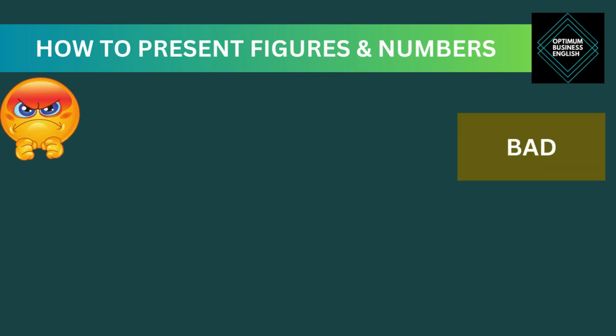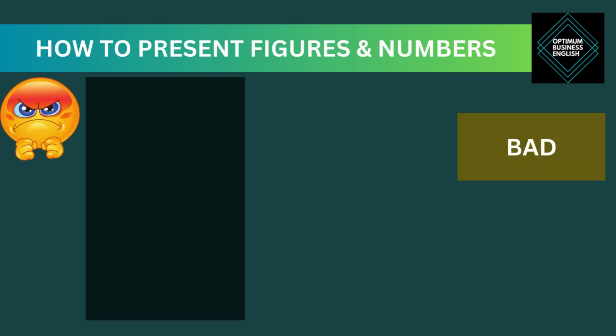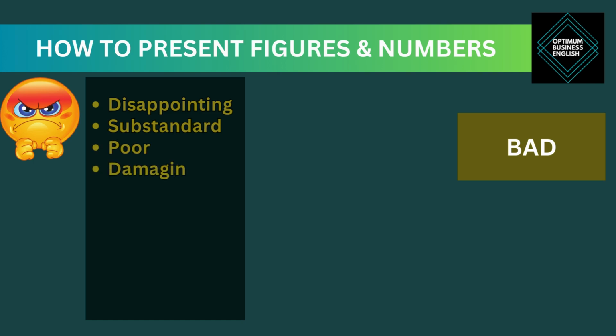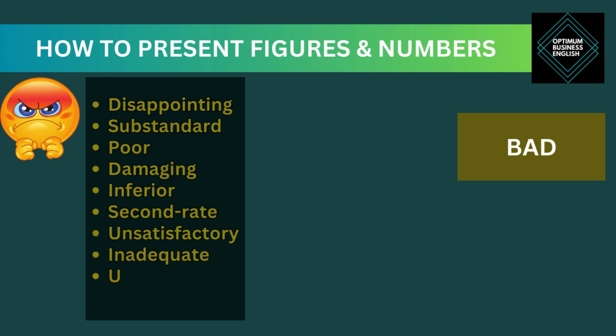And if a change is bad or negative, we say things such as a disappointing result, a substandard effort, poor, damaging, inferior, second rate, unsatisfactory, inadequate, unacceptable results, or disagreeable.